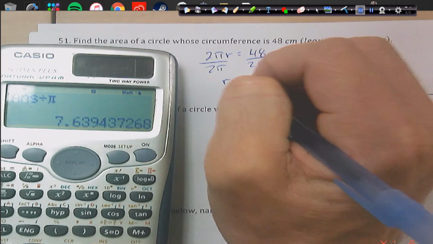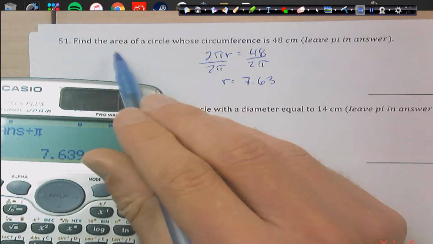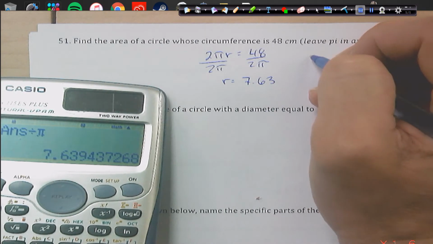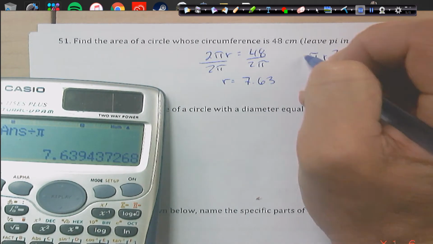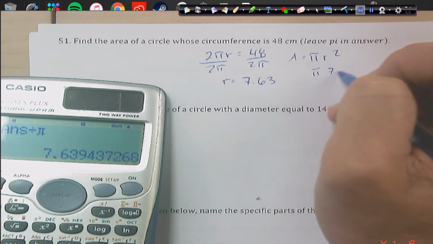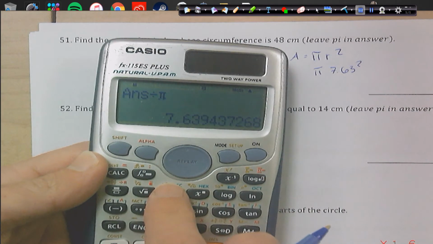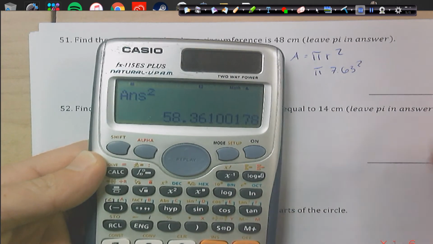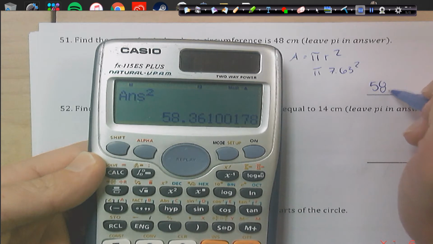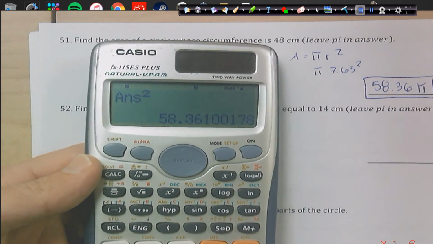So r is about 7.63. It tells me to leave pi in the answer. So when I put it back into pi r squared, which is our area, I could do pi times 7.63 squared. Now I'm just going to leave it in my calculator, so I just hit squared, enter, and I get 58.36, and then just leave pi on the answer just like that.